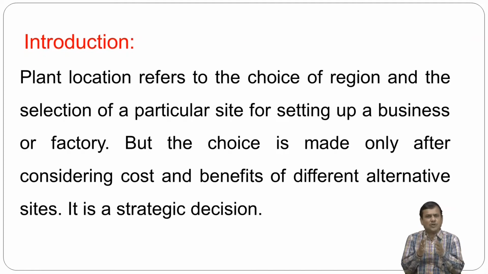So, this is called choice of the region. Now, once I decide that I am interested in starting my plant near Ahmedabad, then I have to focus on a particular site. Where? On this side or that side, in that particular place or in this particular place, to start my factory or my plant.